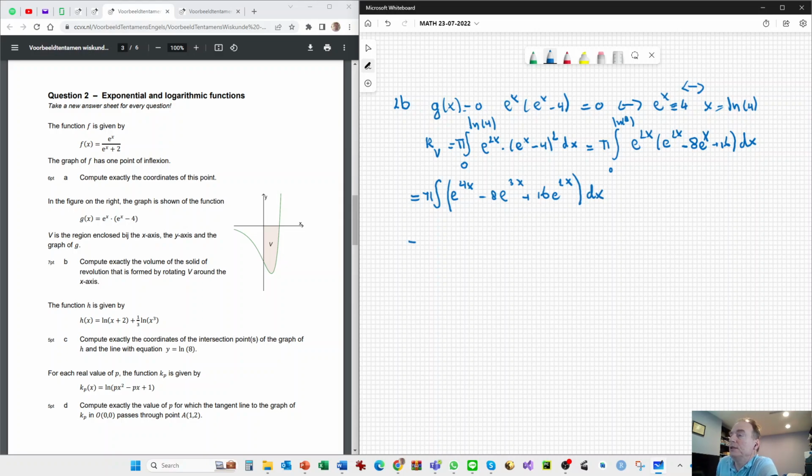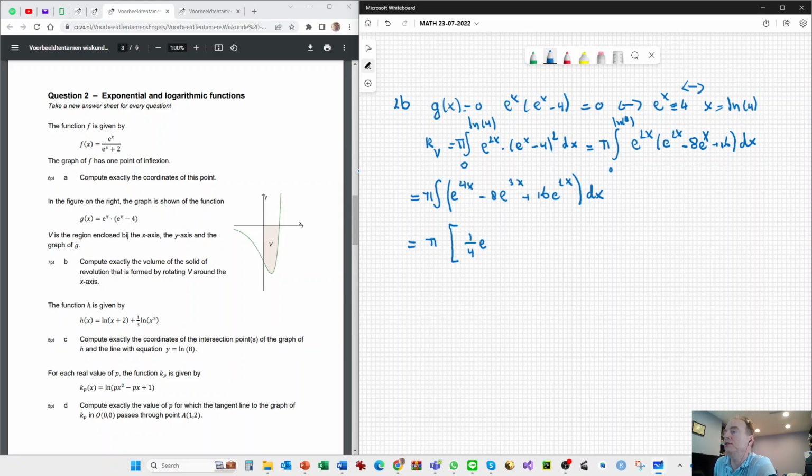And this is then pi, and finding primitives of this is pretty straightforward. You use kind of a reverse chain rule. You just need to take into account that you get an extra factor when you would differentiate this.